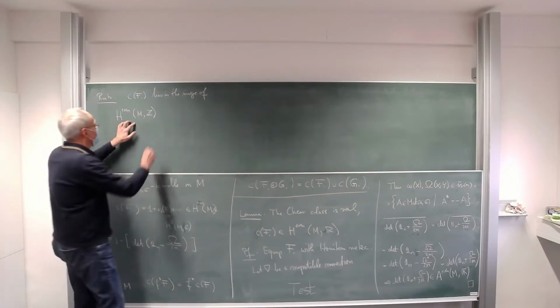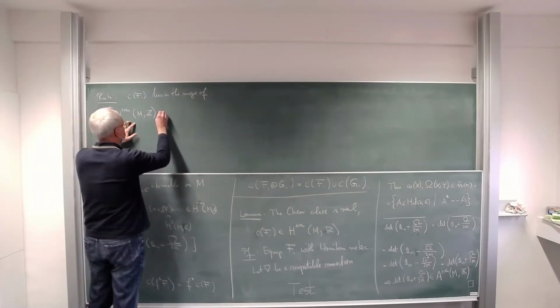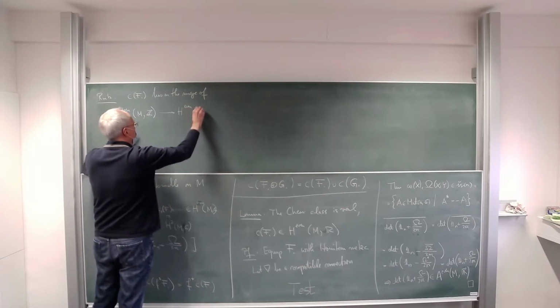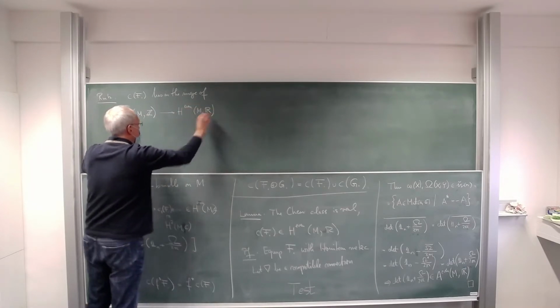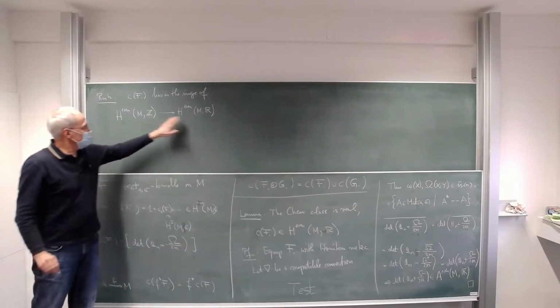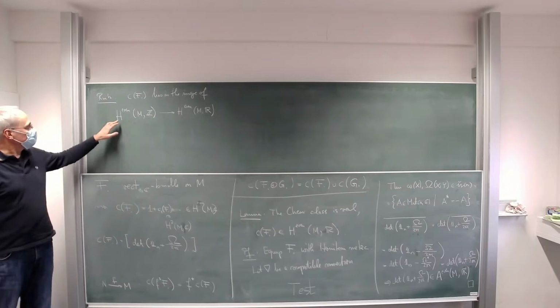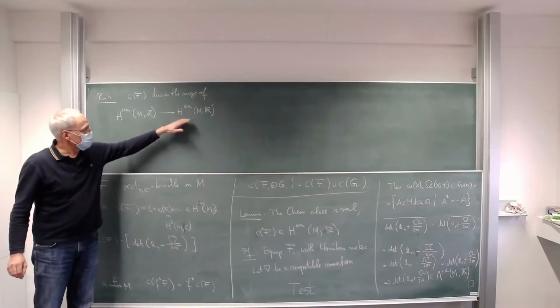But you can then map this from integral to real cohomology by replacing integral coefficients by real coefficients, and so it lies in the image of this map.